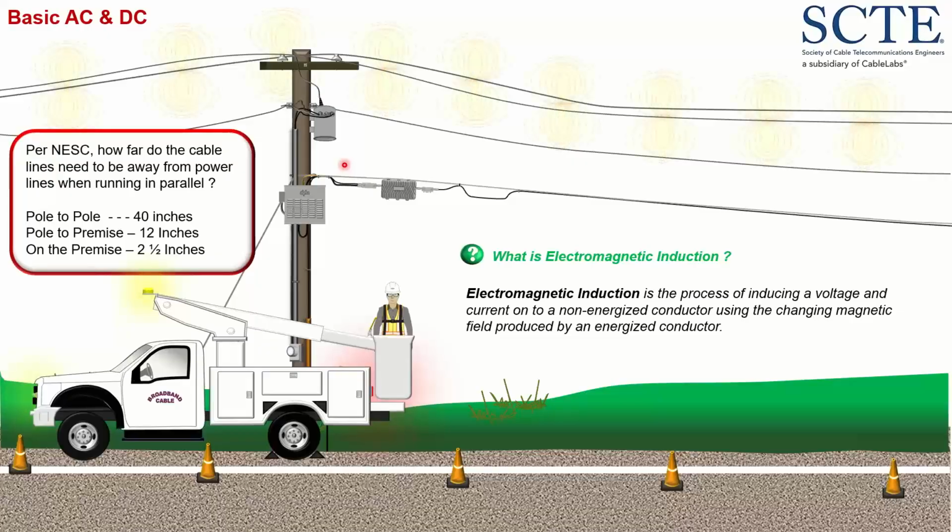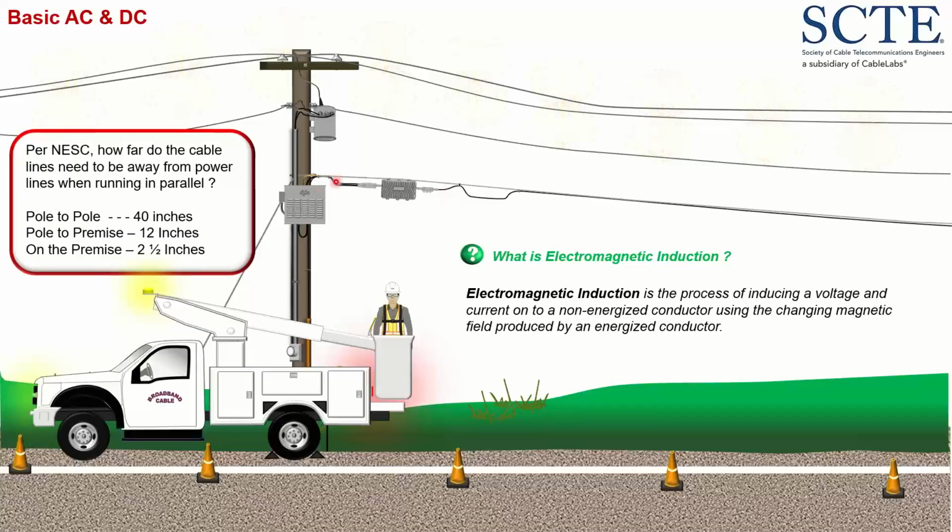Really, the main reason we stay away from the power lines when running parallel with them is because of an effect called electromagnetic induction. Remember, to produce AC electricity, I move a magnetic field back and forth across a conductor, right? Well, your strand is a conductor, right? It's steel. And your coaxial cable plant is a conductor, it's aluminum, right?